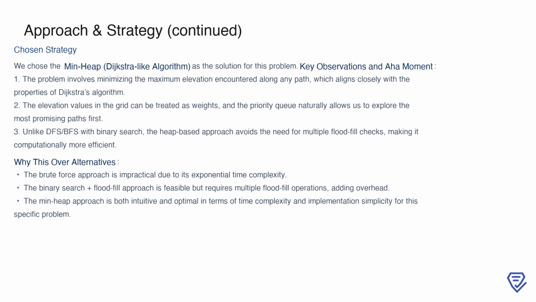Unlike the binary search combined with floodfill, which requires multiple runs of the floodfill algorithm, the min-heap approach avoids this overhead, offering both computational efficiency and simplicity in implementation. Compared to brute force, which is entirely impractical, and binary search, which adds complexity, the min-heap strategy emerges as the most suitable solution for this problem.